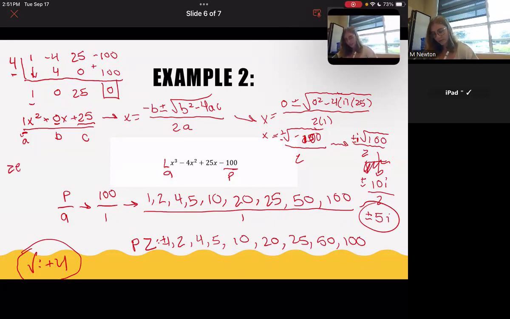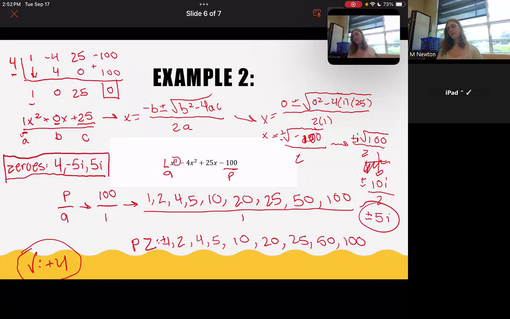So the zeros are 4, negative 5i, and positive 5i. That's 3 zeros, which corresponds with our highest degree of 3, meaning that is our final answer for all of our zeros.